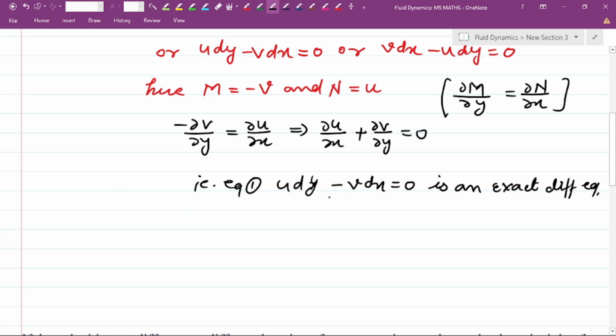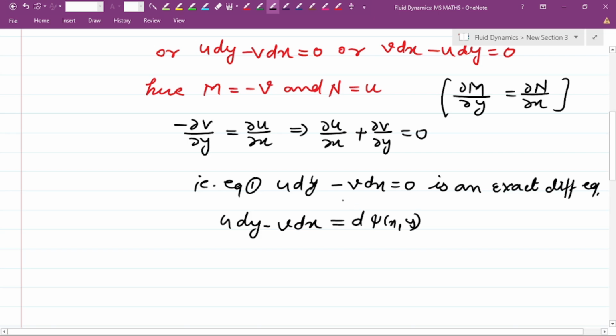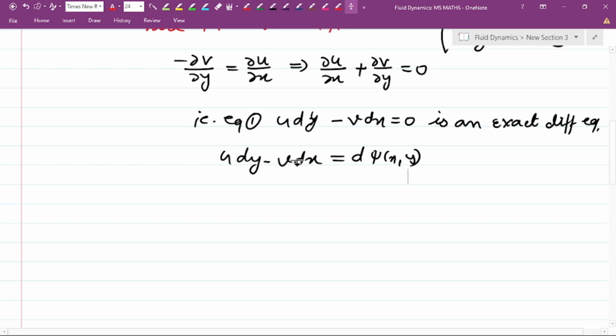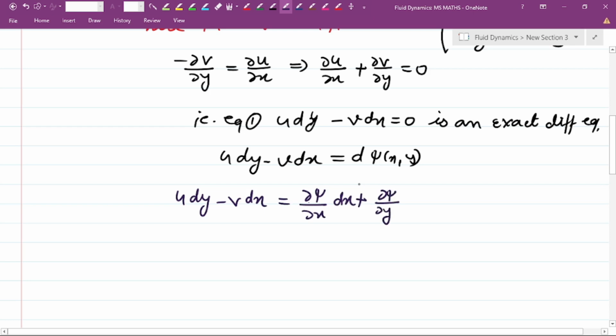So its solution is u dy minus v dx is equals to the derivative of some function psi of x y. This can be written in such a way that u dy minus v dx is equals to dou psi by dou x dx plus dou psi by dou y dy.